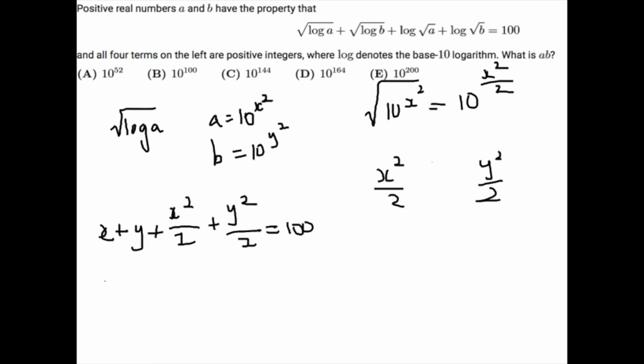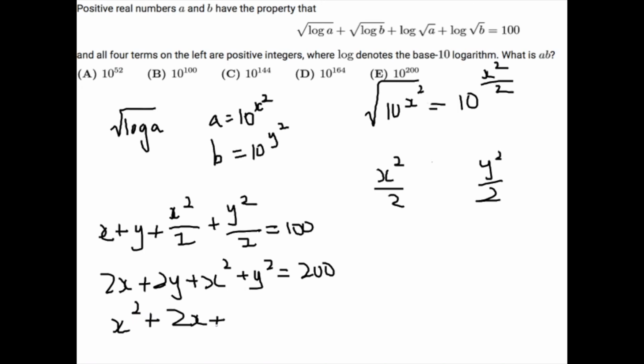After that, we can multiply 2 on both sides to get 2x plus 2y plus x squared plus y squared is 200. So where do we go from here? Let's group the x's together and group the y's together and see if we can get anything done.